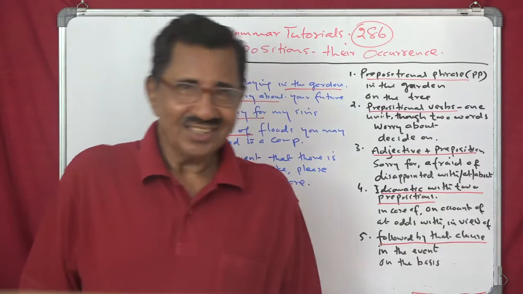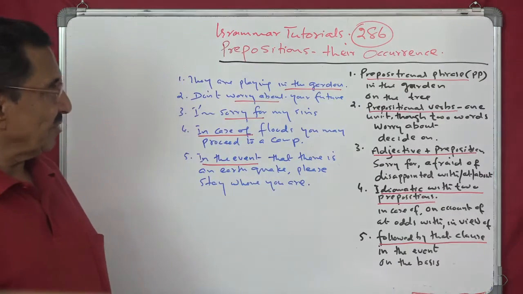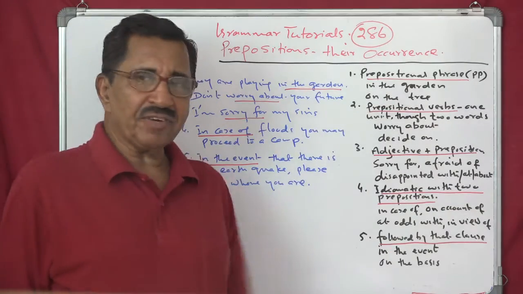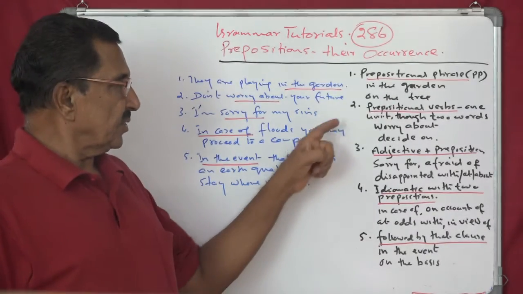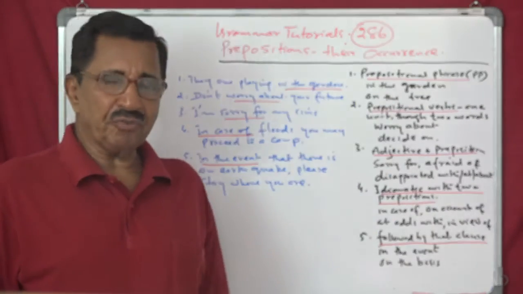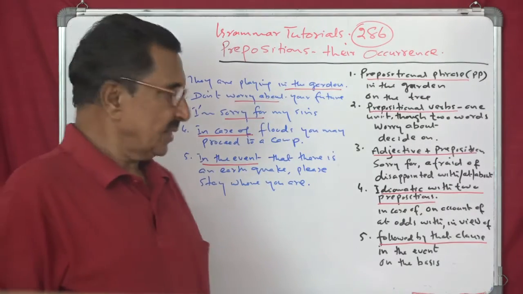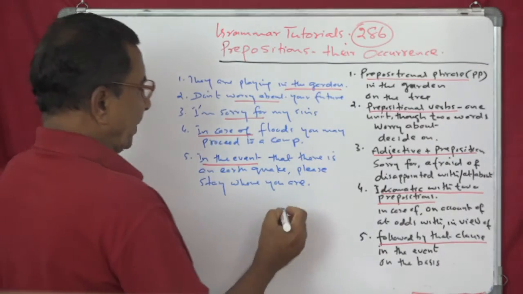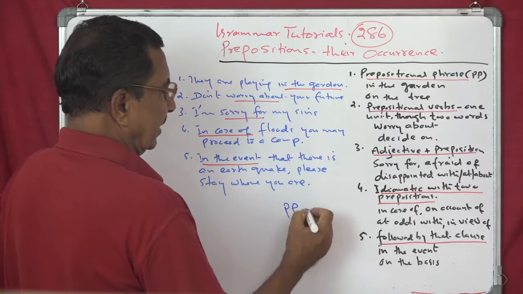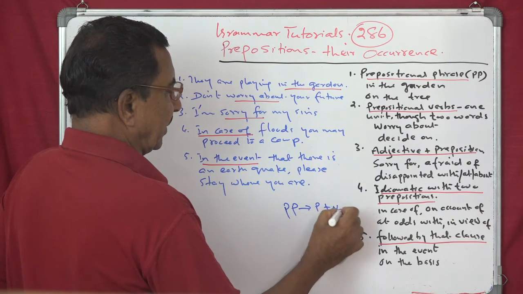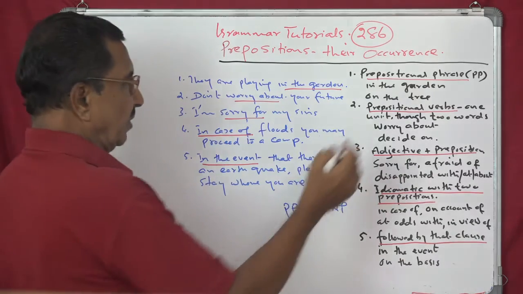Okay. So yesterday we saw 3 points. First, prepositional occurrence in prepositional phrases, that is, preposition plus a noun phrase. NP we say, isn't it? Preposition plus NP is PP, and that's what we find here.